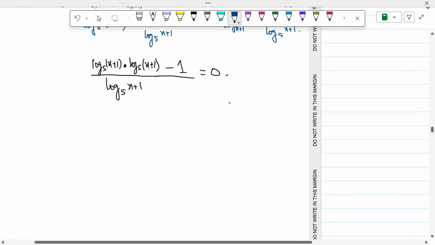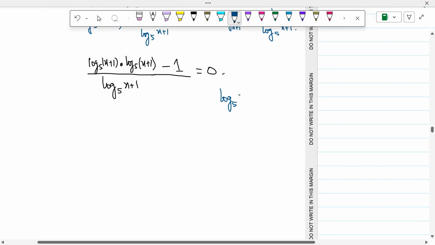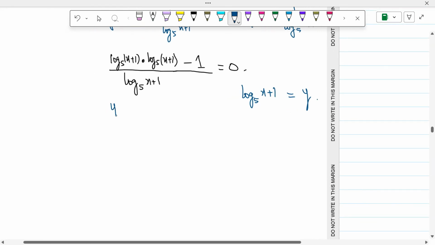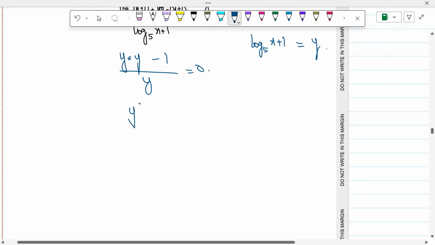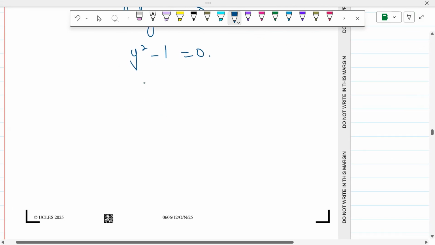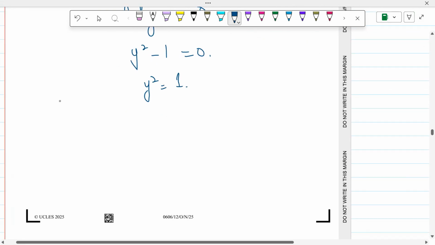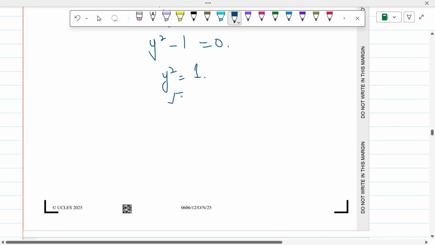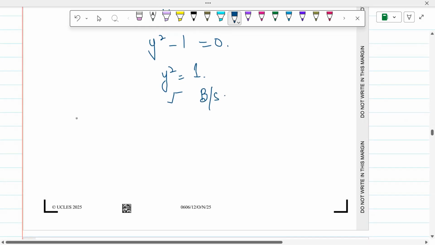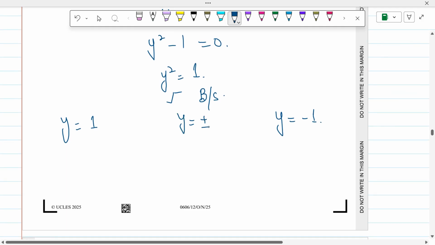Now considering log base 5 of x plus 1 equals y, this equation is equal to y times y minus 1 over y equal to 0, and this is equal to y square minus 1 equal to 0. So we can say that y square is equal to 1. Taking square root on both sides, we will have y equals 1 and y equals negative 1, because y is equal to plus minus 1.